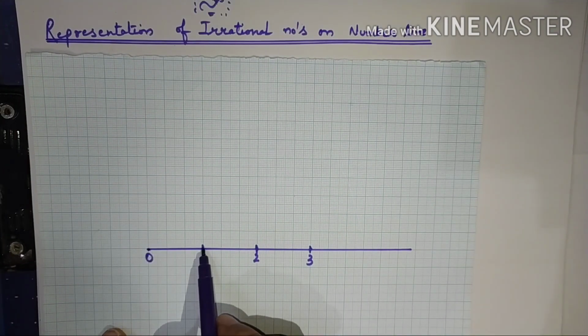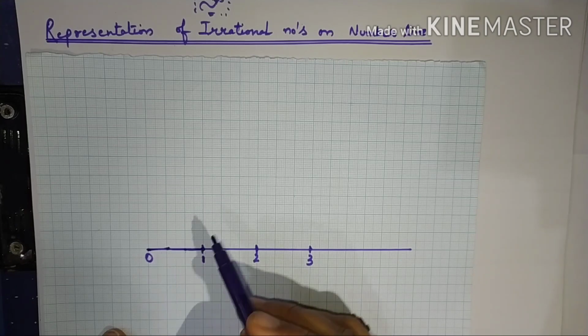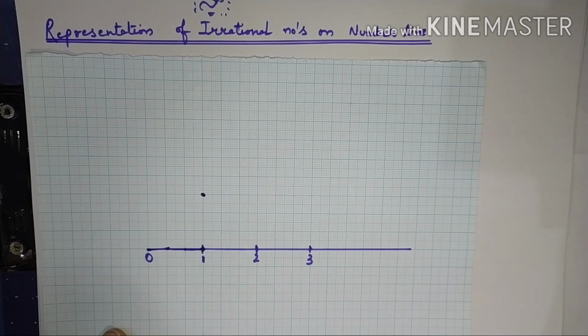Now listen to me how I am going to represent it. See, this is 1 unit. I have taken 1, 2, 3 boxes, which means 1 unit.